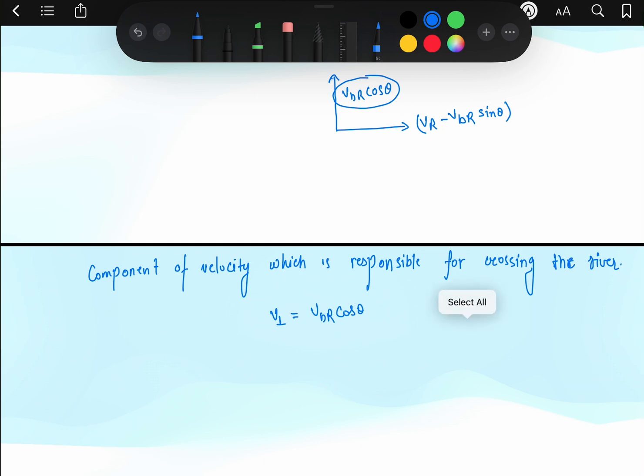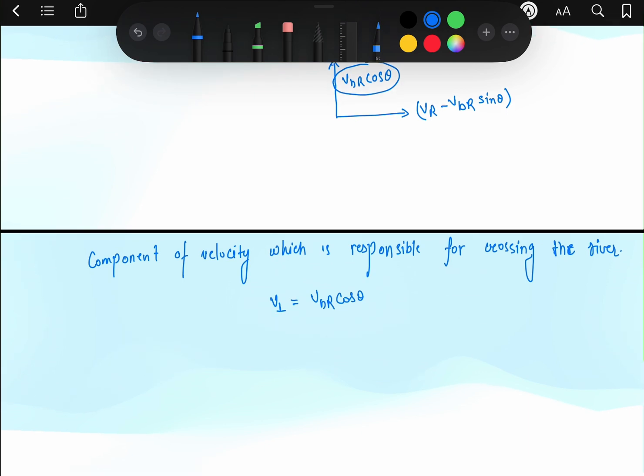And now which component is responsible for this horizontal drift?